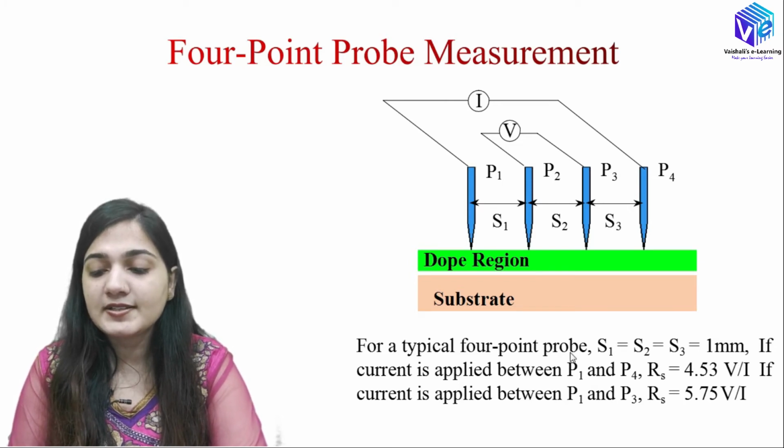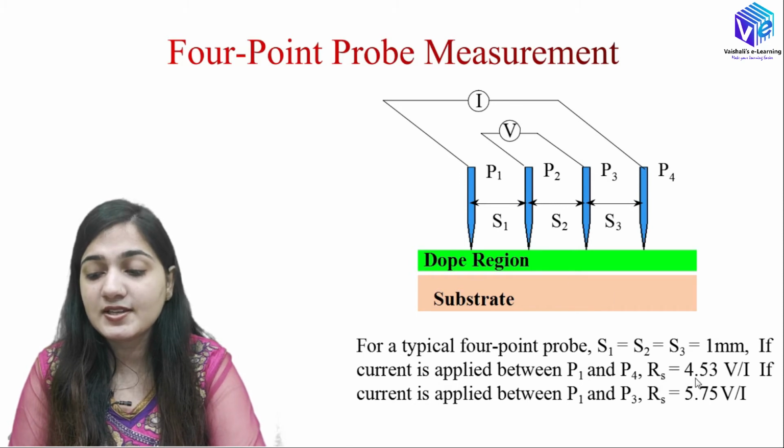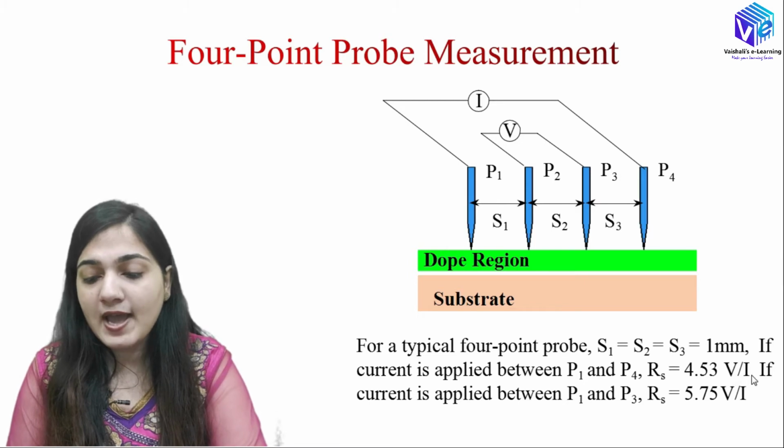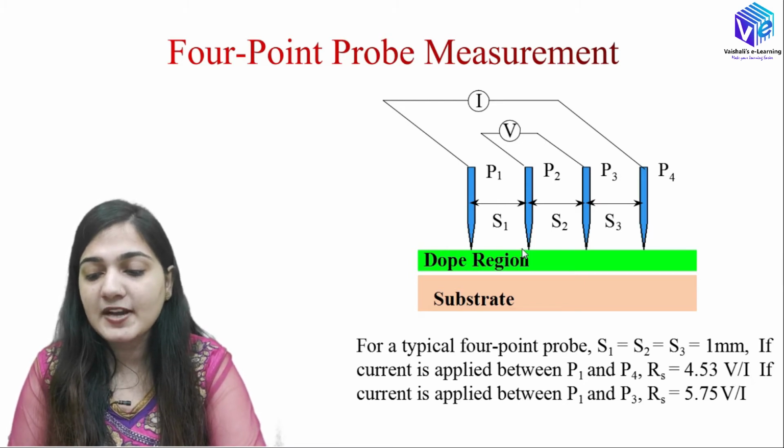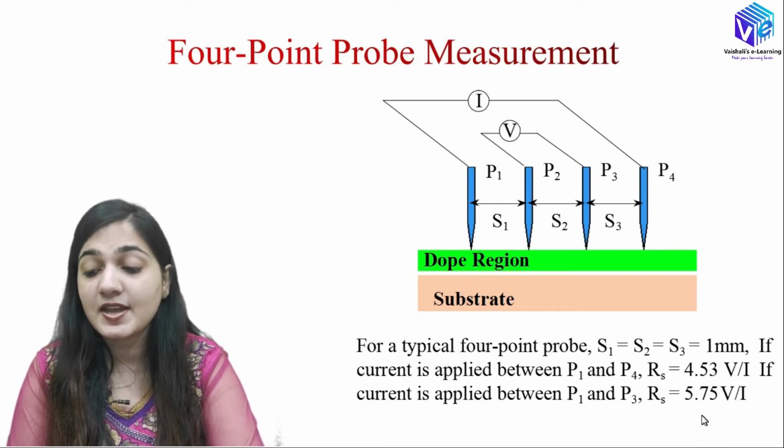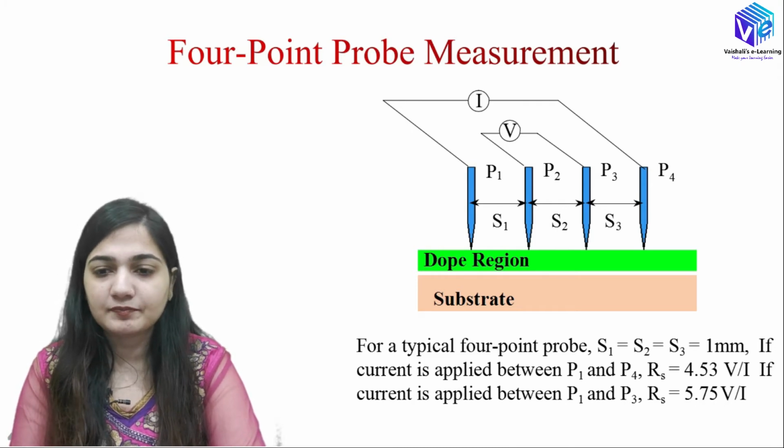If the current is applied between P1 and P4, the sheet resistance is equal to 4.53 V upon I. If the current is applied between P1 and P3, then RS is equal to 5.75 V upon I.